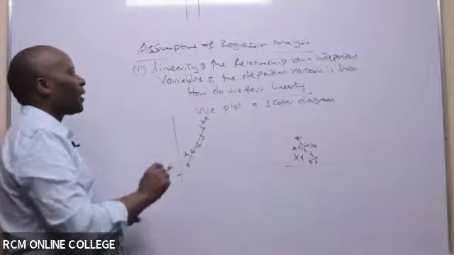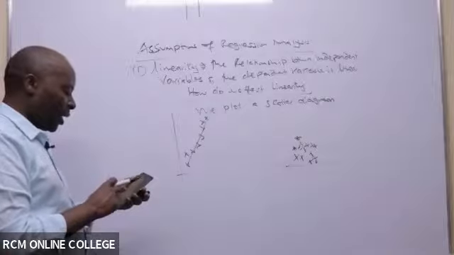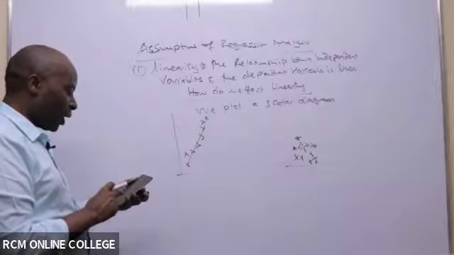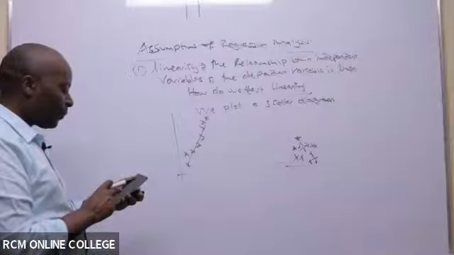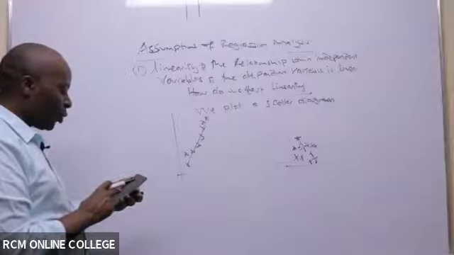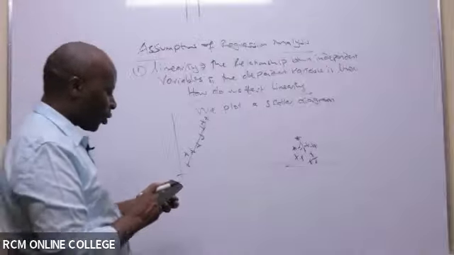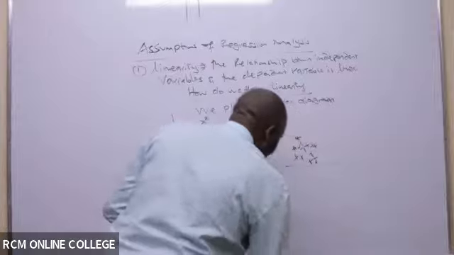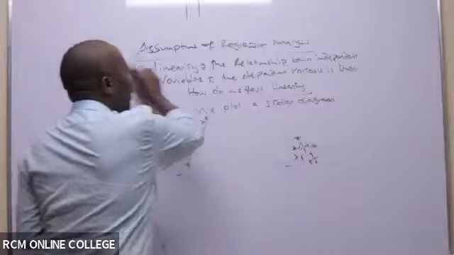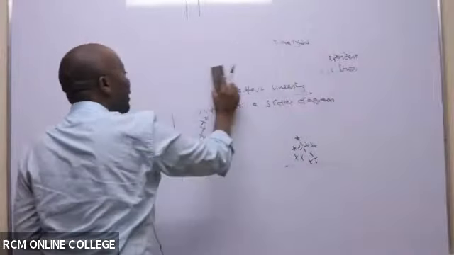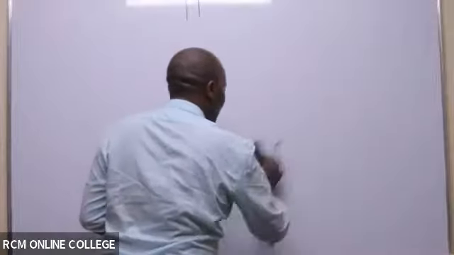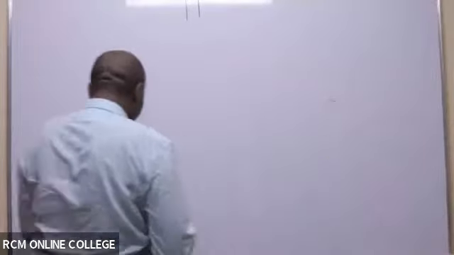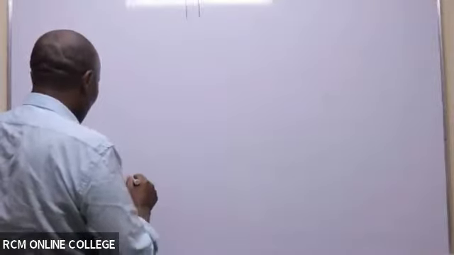So the first assumption is the assumption of linearity, and for us to be able to test it, ladies and gentlemen, we normally use that concept of scatter diagram. That is it. Then number two, we have independence of observations.